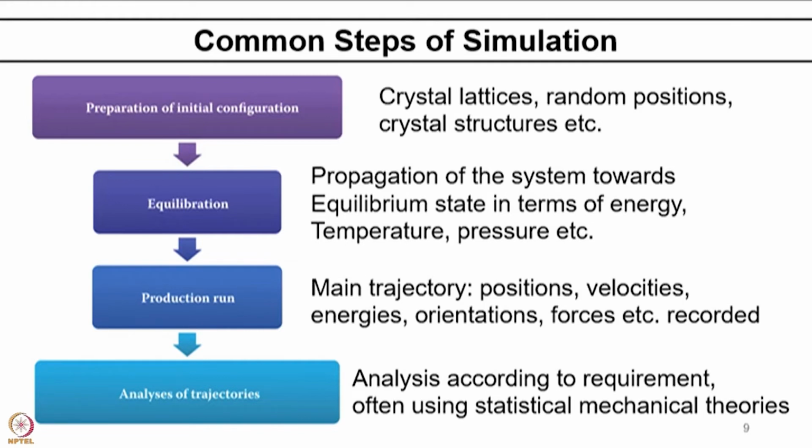So often the equilibration is 5 to 10 times longer than the production run. For example, in a simulation of 1,000 water molecules, your production run may be about 20 or 30 nanoseconds, but your equilibration might be more than that, might be 50 nanoseconds. So this is a very important thing to remember, that these 4 steps are always involved.